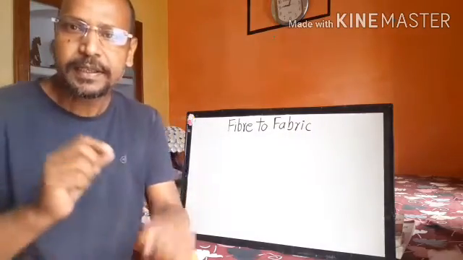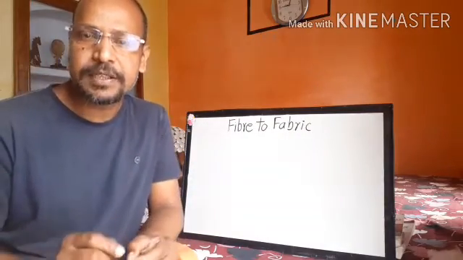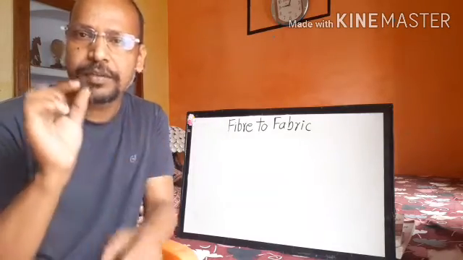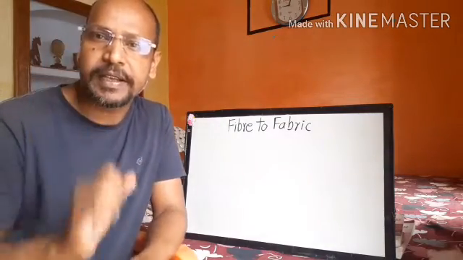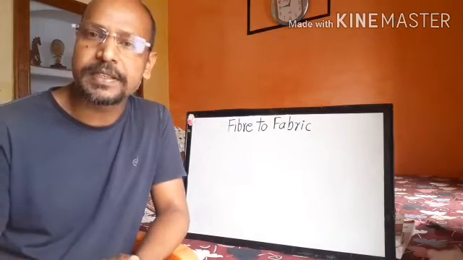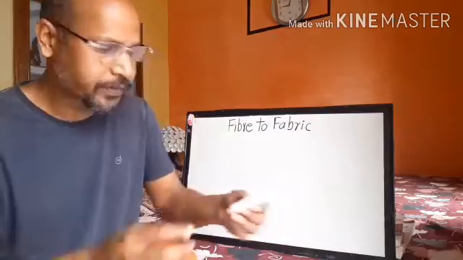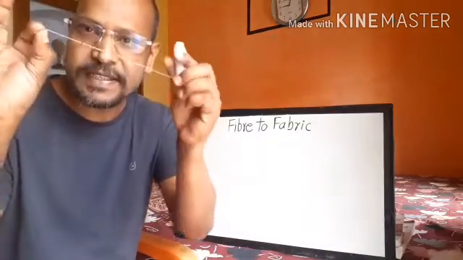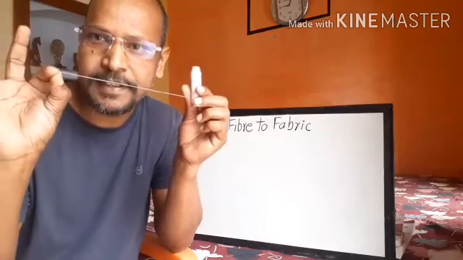You can see this piece of cloth is a composition of very thin thread-like structures. These thread-like structures are known as yarns. Like this, here I am taking a single yarn, right?